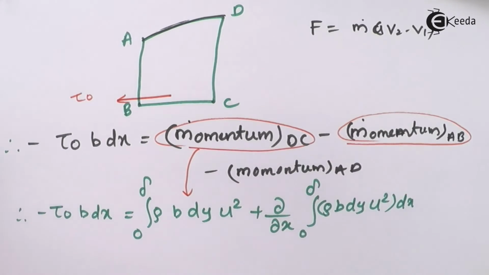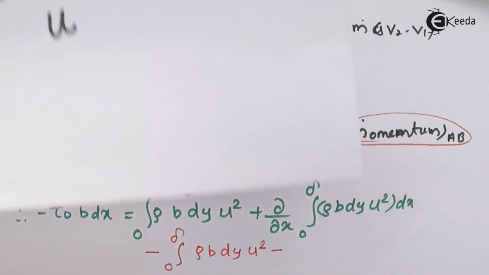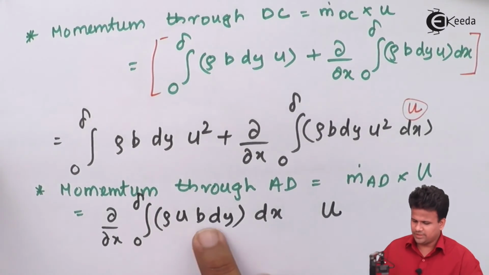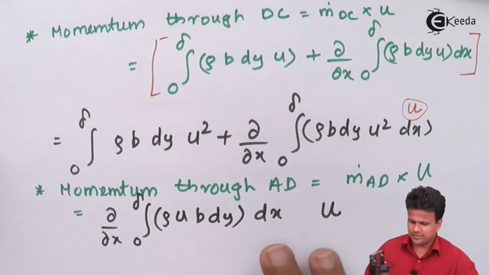Then the momentum through AB can be written as minus of integral 0 to delta rho b dy into u square, this part remaining constant, minus the momentum through AD. That we have also calculated: the momentum through AD equals rho u b dy dx into u, along with dou by dou x.